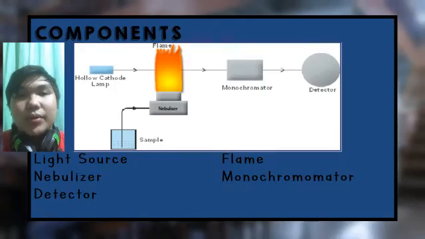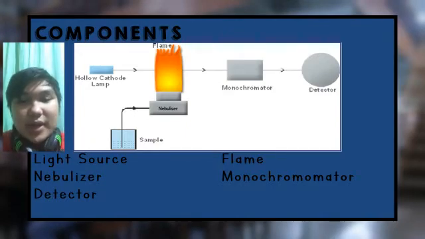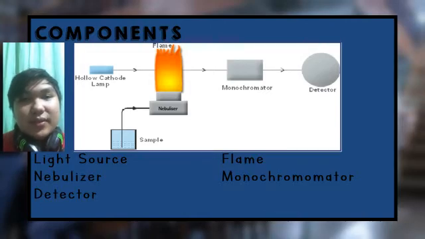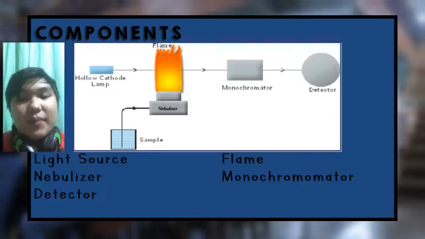These will be the components of FAAS. First is the light source, the source of light that we will be using for the FAAS. The second is the flame that we'll be using, and the nebulizer, where we place the sample solution, such as liquid and solid.